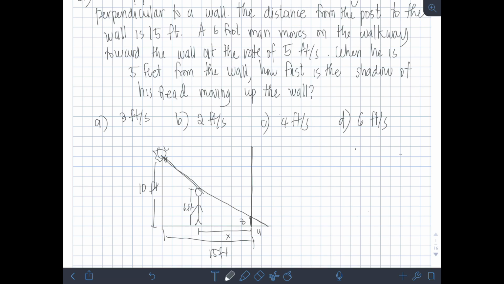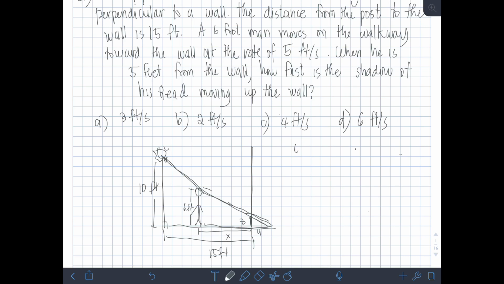Ito yung hanapin natin. So, di ba nakabuo tayo ng right triangle? So, pwede natin gamitin yung similar triangle. So, let's say, itong pinakamalaking triangle, tapos yung triangle na nabuo nung man. So, we have, length of the sides are proportional, right?